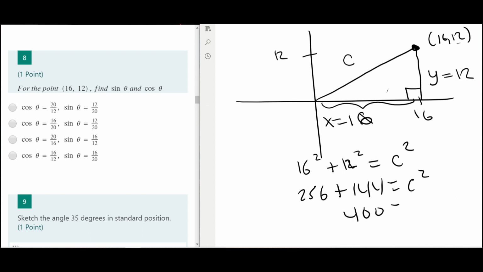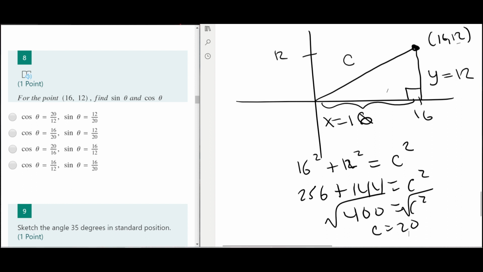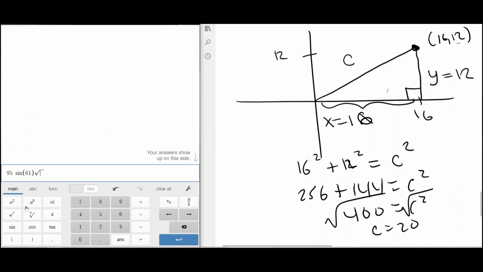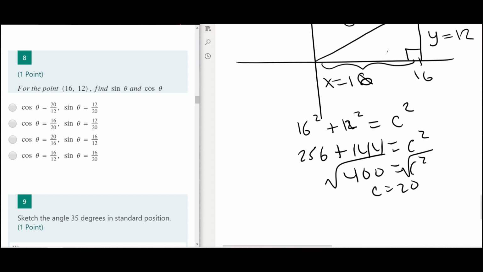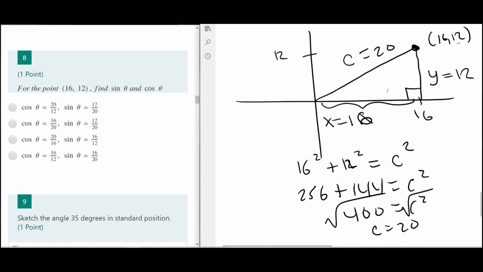This is going to be 400 equals c squared. Take the square root. And the square root of 400 is 20. Again, you could do that on Desmos. There's a square root function on Desmos that you can use. Do the square root of anything. All right. So we got c is 20. So we got that the hypotenuse is 20.